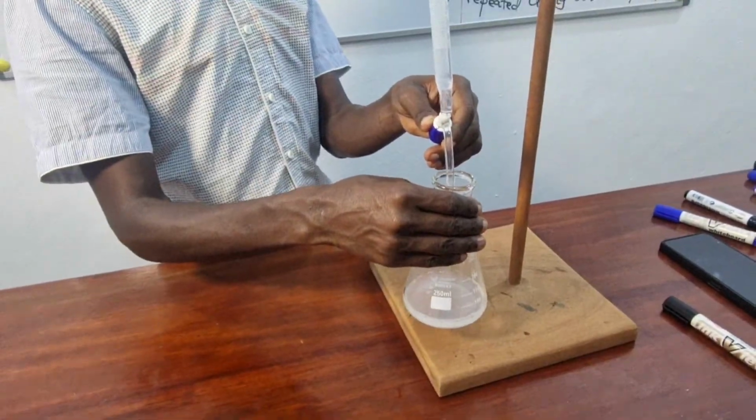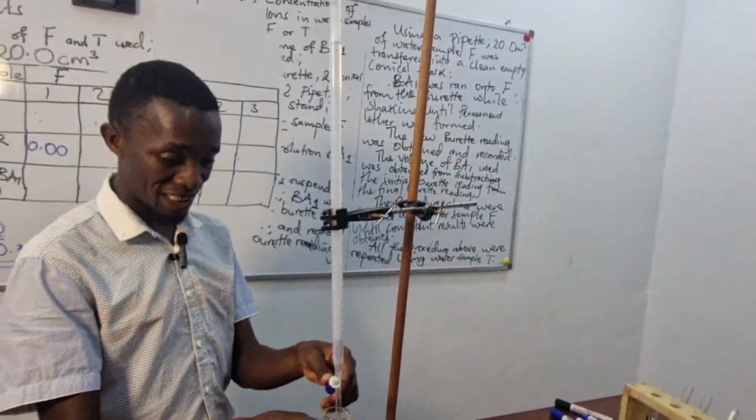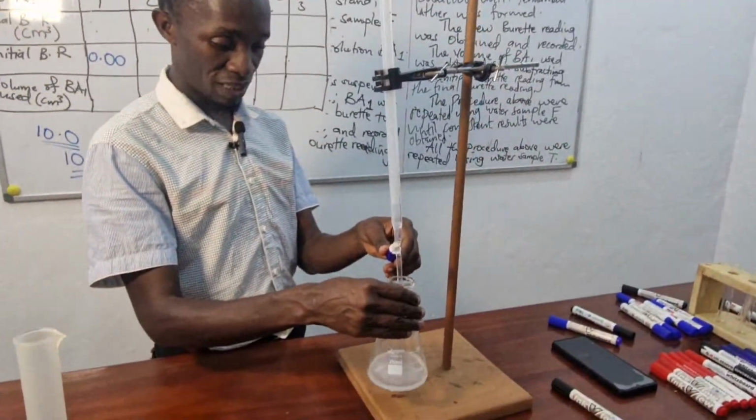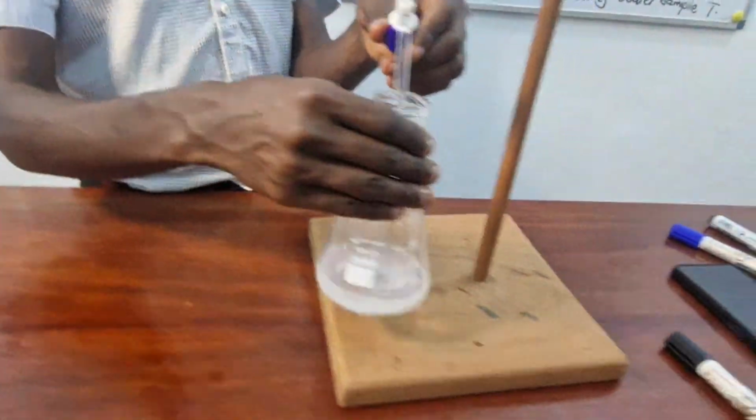I'm not looking at where the solution is coming from. I'm looking at where it is going. I make sure that every drop gets onto the solution in the conical flask.